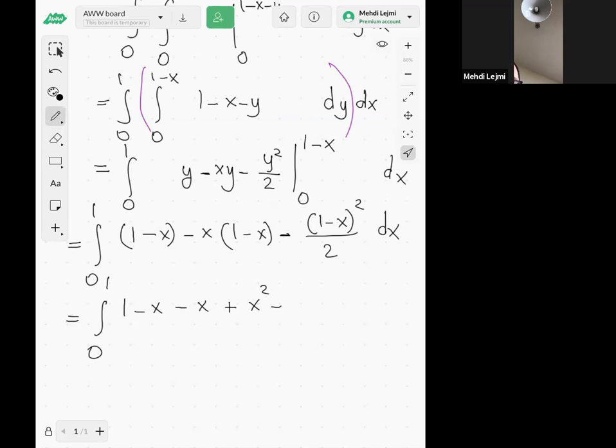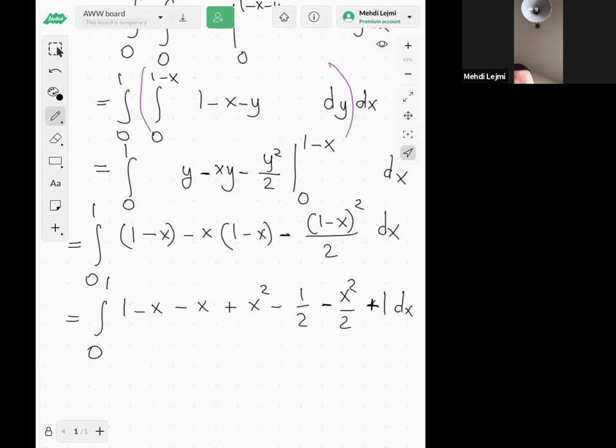So this is just a half, minus x squared over 2, and then minus 2x with a minus, that will be a plus, so plus 1, dx. If I'm not mistaken, of course. Please let me know if I made any mistake.